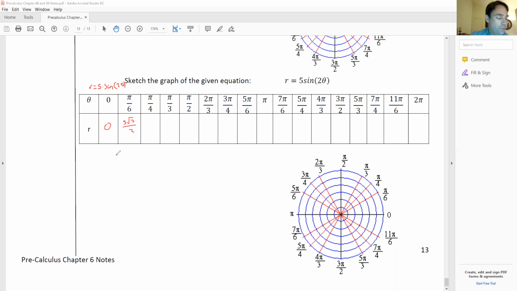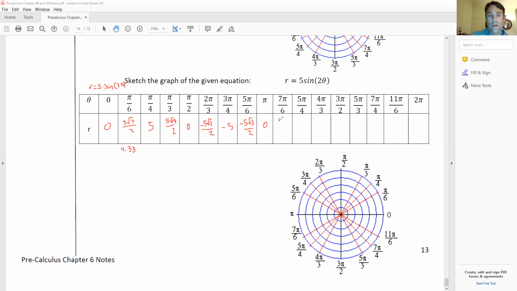So go ahead and check your values if you evaluated to see what you came up with. Pi over 4 would have been 5. 5 root 3 over 2. 0. Negative 5 root 3 over 2. Negative 5. Negative 5 root 3 over 2. And 0.